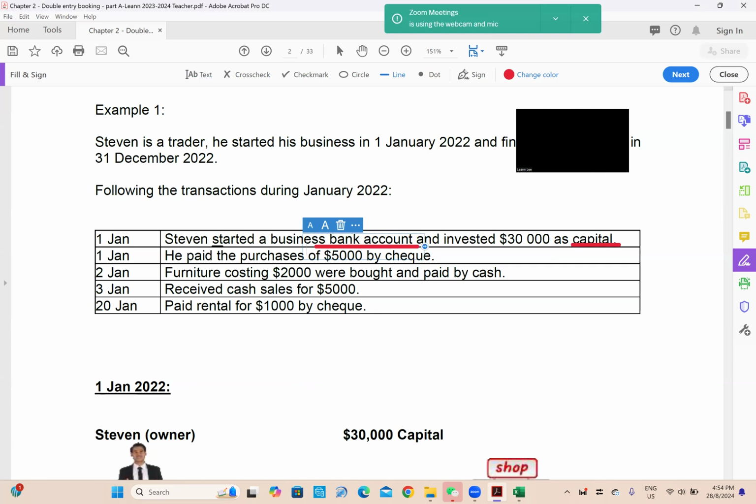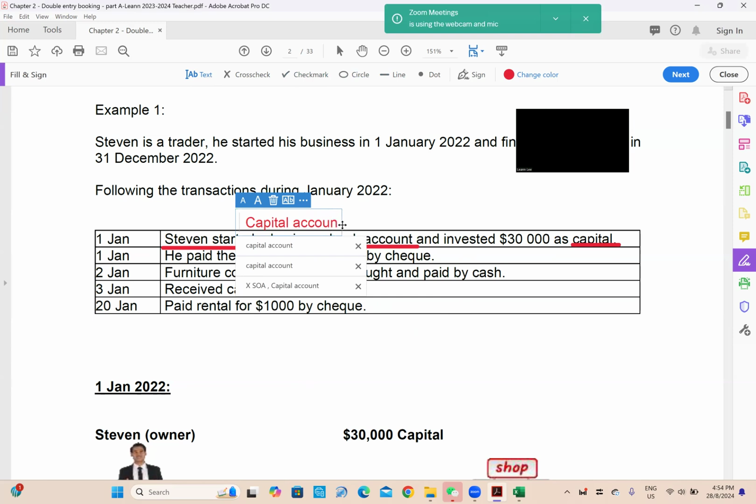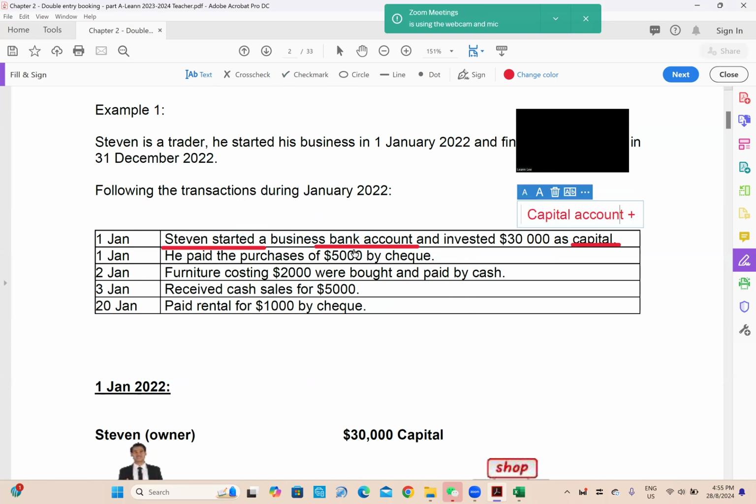So startup. Startup, there is a word to imply this startup implies a capital account. So my funds increase, my capital increases. And as well, they already give you hints here. And then I put the money, 30,000, into my business bank account.